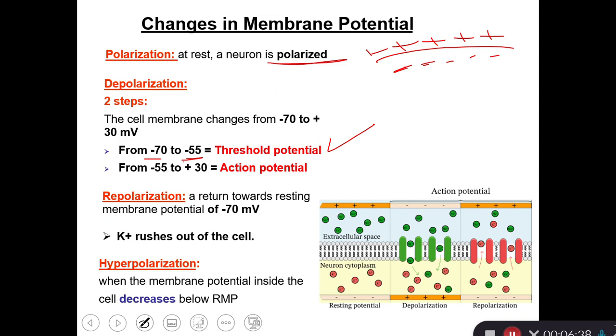The neurotransmitter opens up sodium ligand-gated channels, so sodium enters the cell, getting the membrane up to the positive side until it becomes minus 55 millivolt, which we call the threshold. At this point, action potential happens due to opening of the voltage-gated sodium channels, so more sodium goes in.